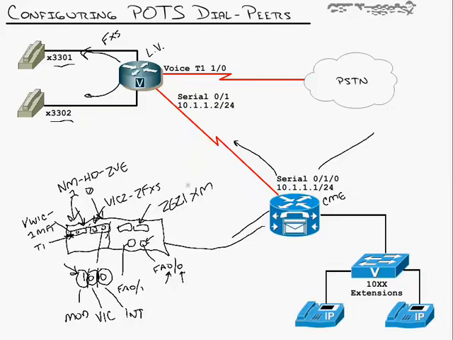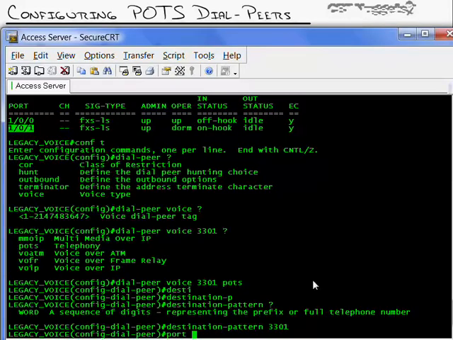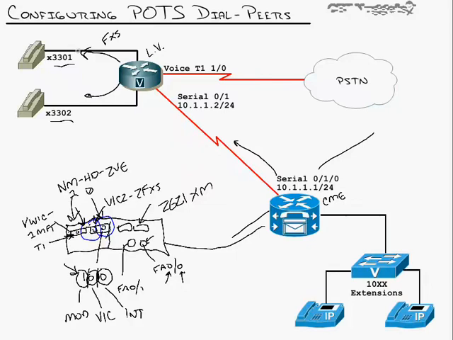And I know it's starting to get a little cumbersome to see. Let me grab a different color here. This is 0, this is 1. So when I'm looking at the syntax here, it's actually saying module 1, VIC card 0, and then port 0 of that VIC card, and then this is port 1 of that VIC card. That represents my individual interfaces on there. So when I'm looking at my ports right here, this one is actually 1/0/0, and this one is 1/0/1, FXS ports.